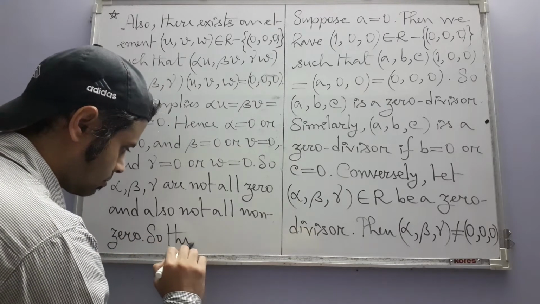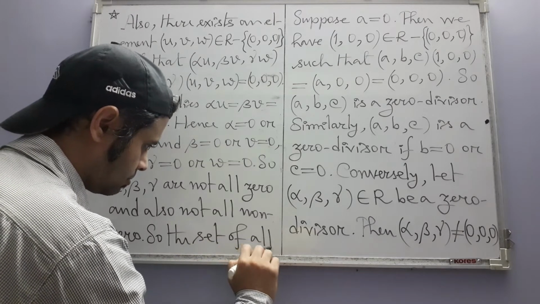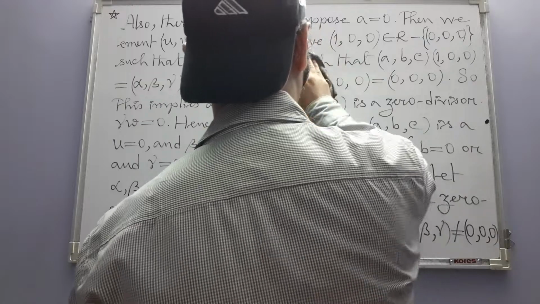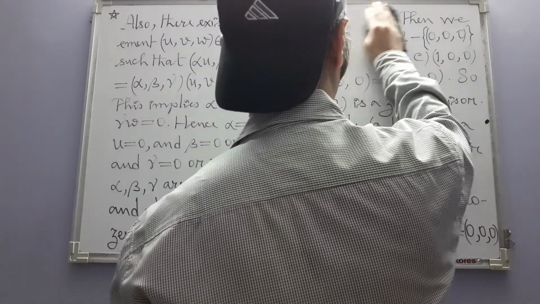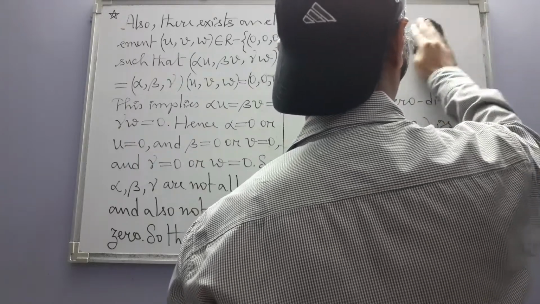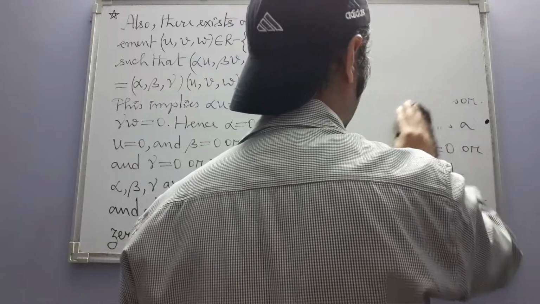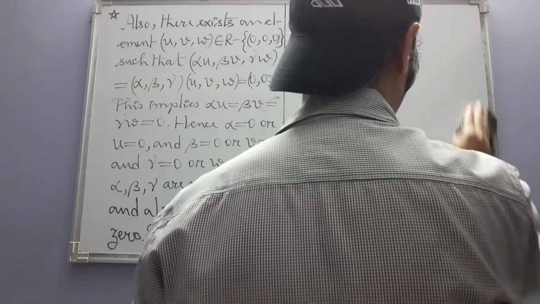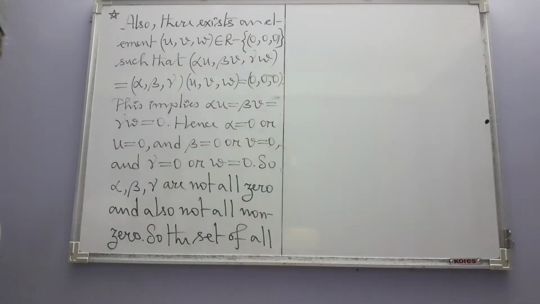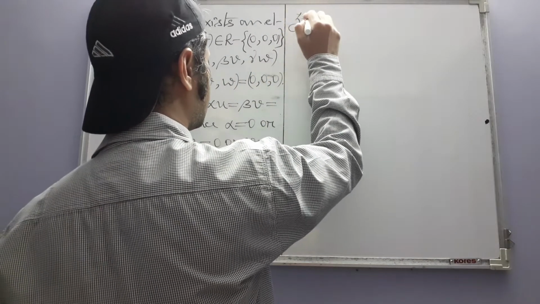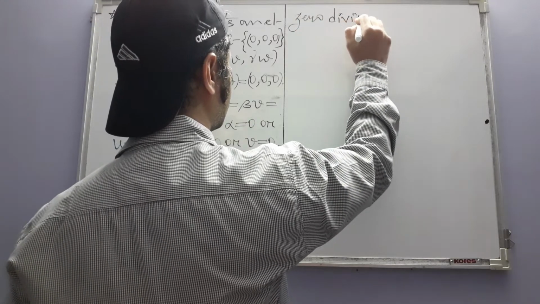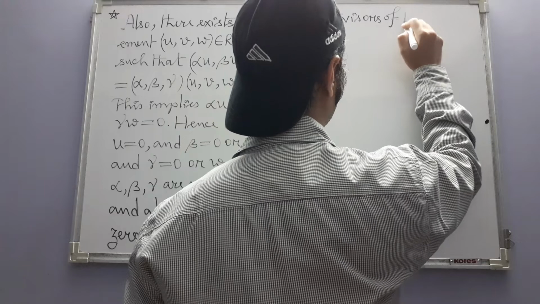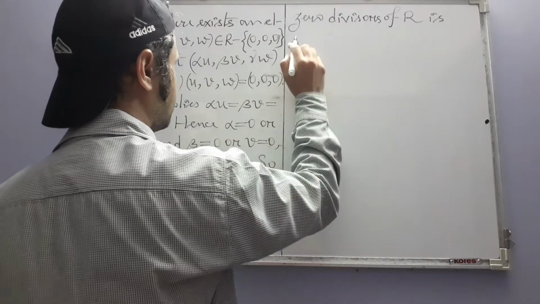So the set of all zero divisors S of R is the following.